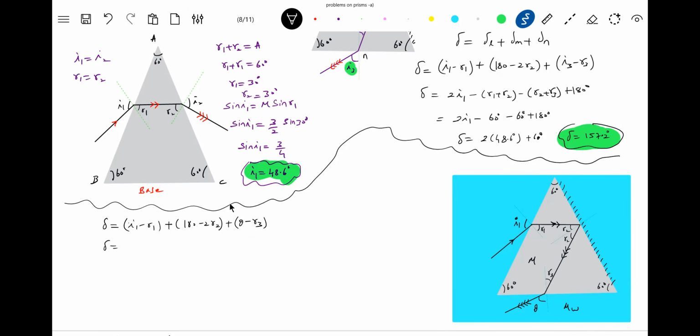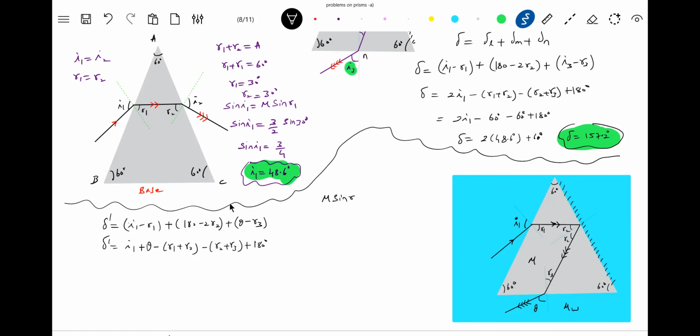So this will be I1 plus theta minus R1 plus R2, plus 180 degrees. This deviation is asked, we write it as delta dash. Theta is what we should find out. We know all the values. So how to calculate theta?